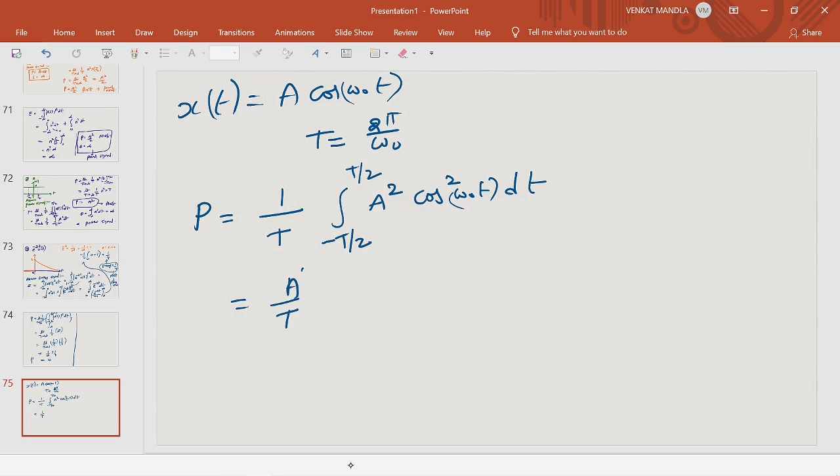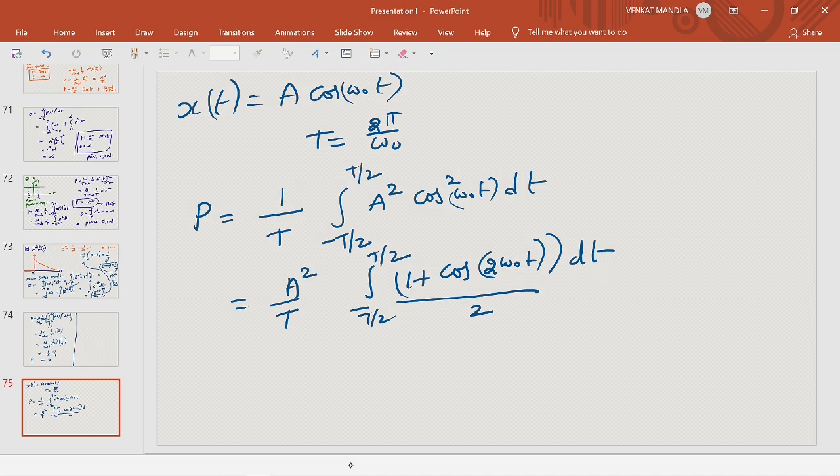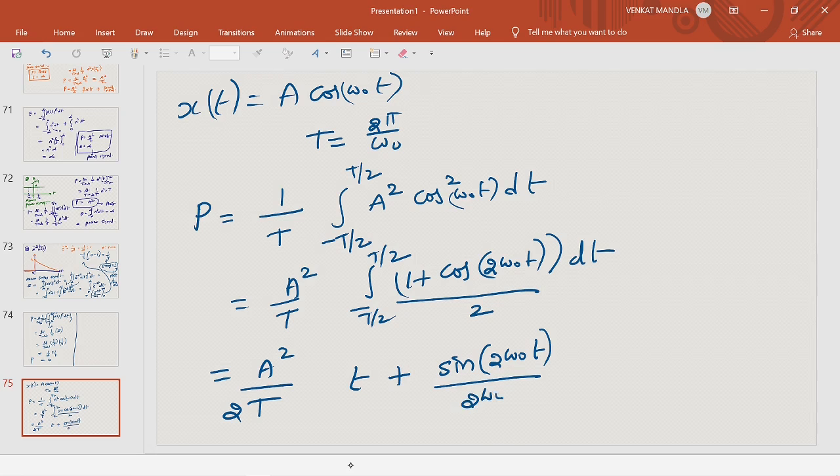So 1 by T, a square by 2, integral from minus T by 2 to plus T by 2 of cos square theta, which is 1 plus cos 2 theta by 2, dt. This is a square by 2T. Integrate: the 1 gives t, and cos 2 omega naught t gives sin 2 omega naught t by 2 omega naught.